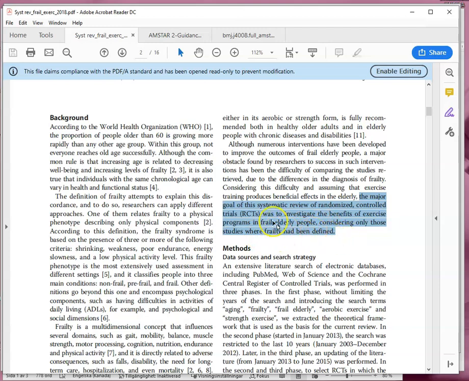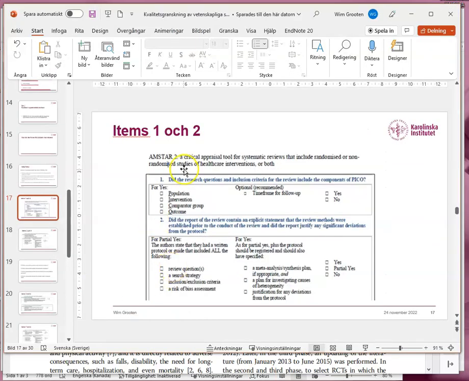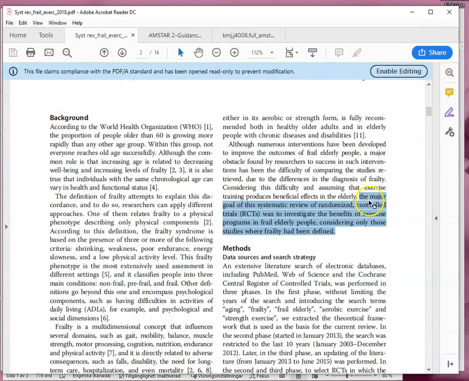Okay, so let's go to the first item. Did the research question and inclusion criteria include the components of PICO? PICO is population, intervention, comparison group, and outcome. In the aim, the benefit of exercise, that's the I, intervention.